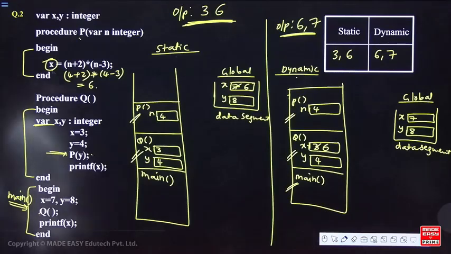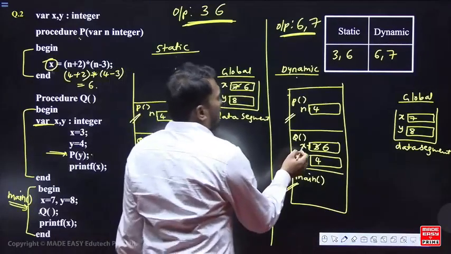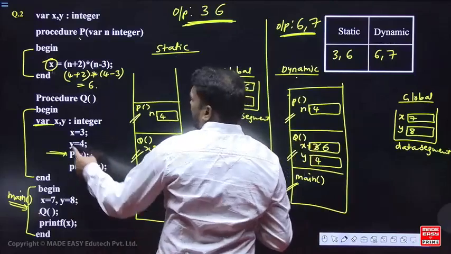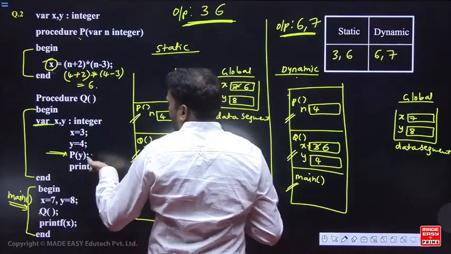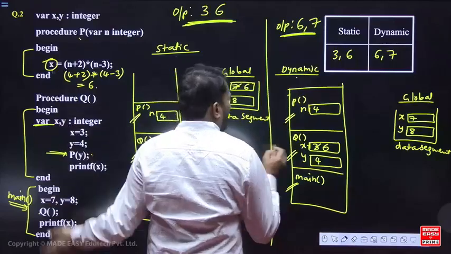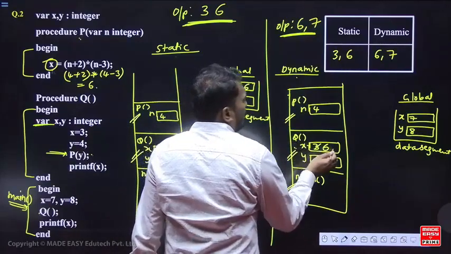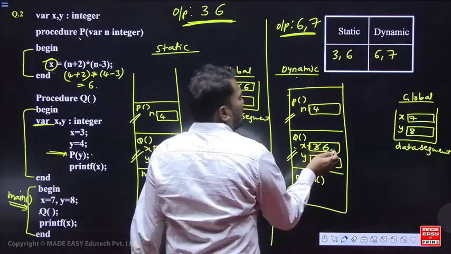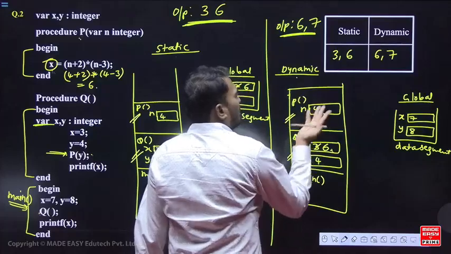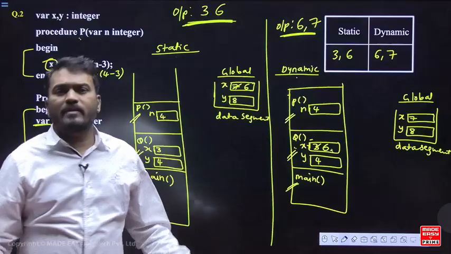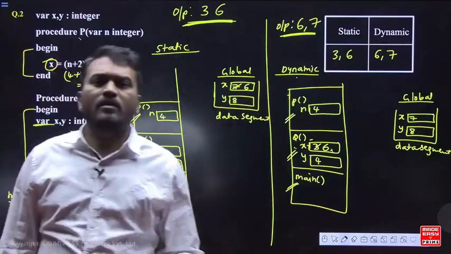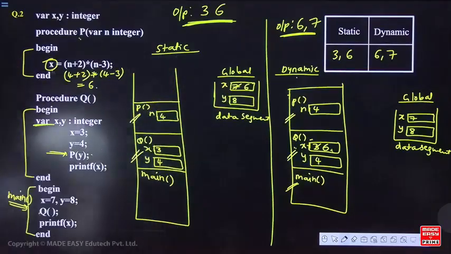Okay, how 6 is printing? 6 is just a local variable. When you say printf x, what is x here? X is a local variable here. Declaration डब्बा है ना, लोकल वेरिएबल है तो यहीं से प्रिंट होगा. लोकल वेरिएबल है, जब यहाँ पे अवेलेबल है तो यहीं से ले लोगे. There is no concept of scoping for the local variable. Scoping concept is applicable only for a free variable.